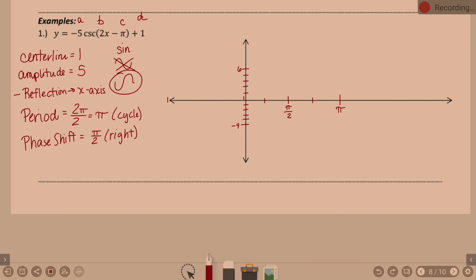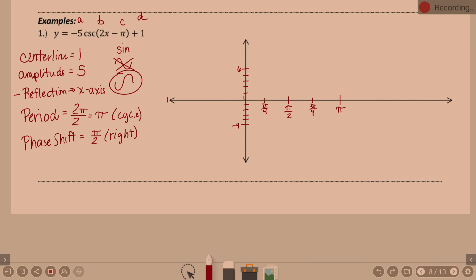You want the middles of the middles. Whether you label them or not is up to you. Technically, it would be pi over 4 and 3 pi over 4 because it's 1/4, 2/4, 3/4, and 4/4. If you don't label those 1/4 and 3/4, I'm fine.